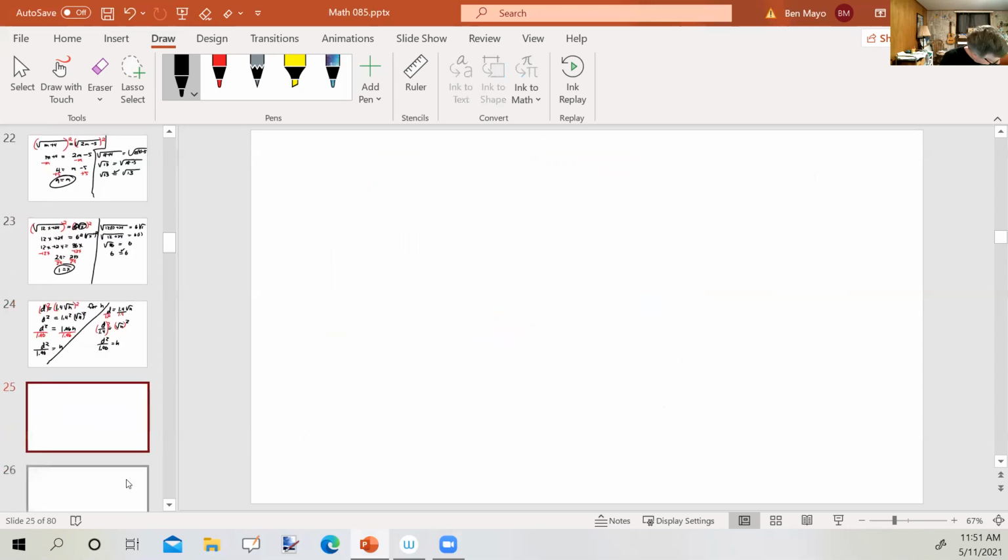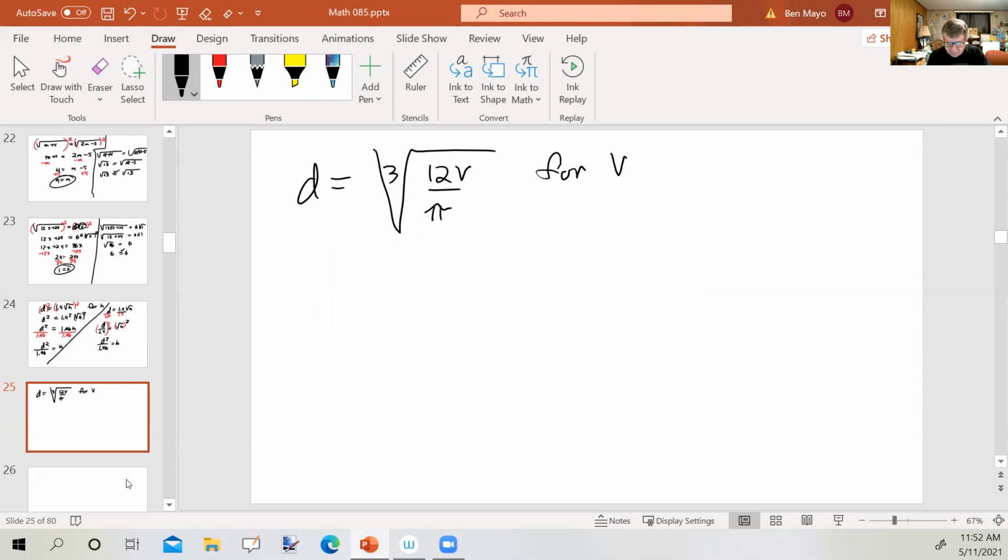Here's another example of a formula. D equals the cube root of 12v divided by pi. And we're going to solve this for v. V is locked up inside the radical, so I need to get rid of the radical. Since it's a cube root, we're going to cube both sides of the equation.